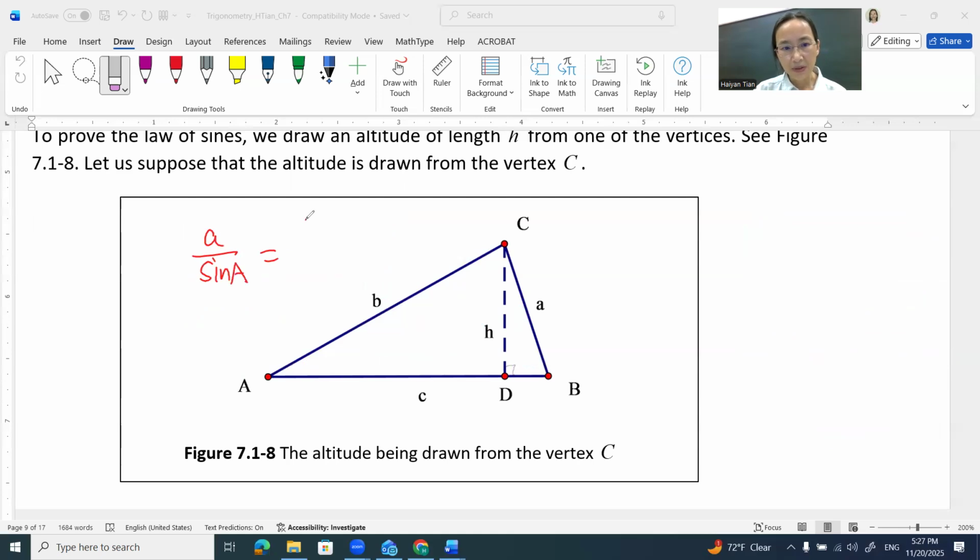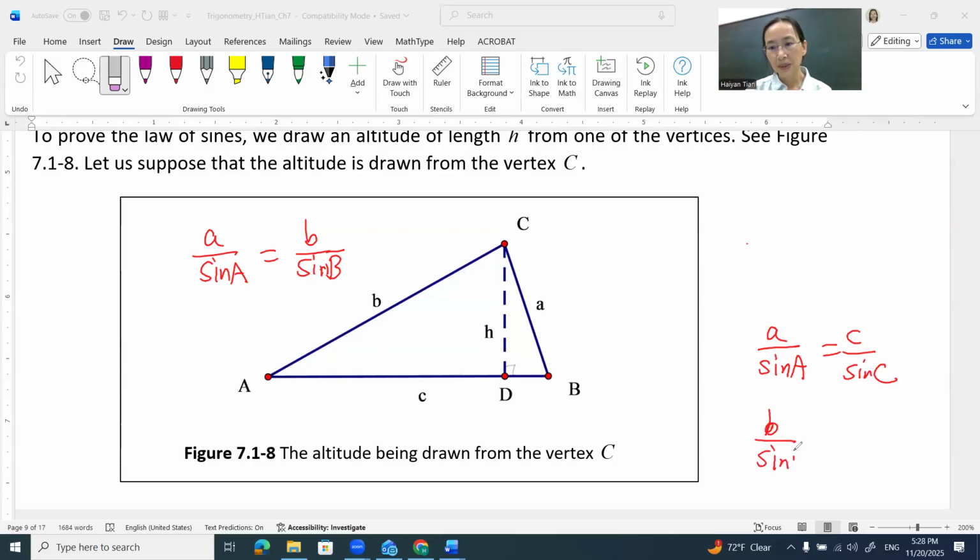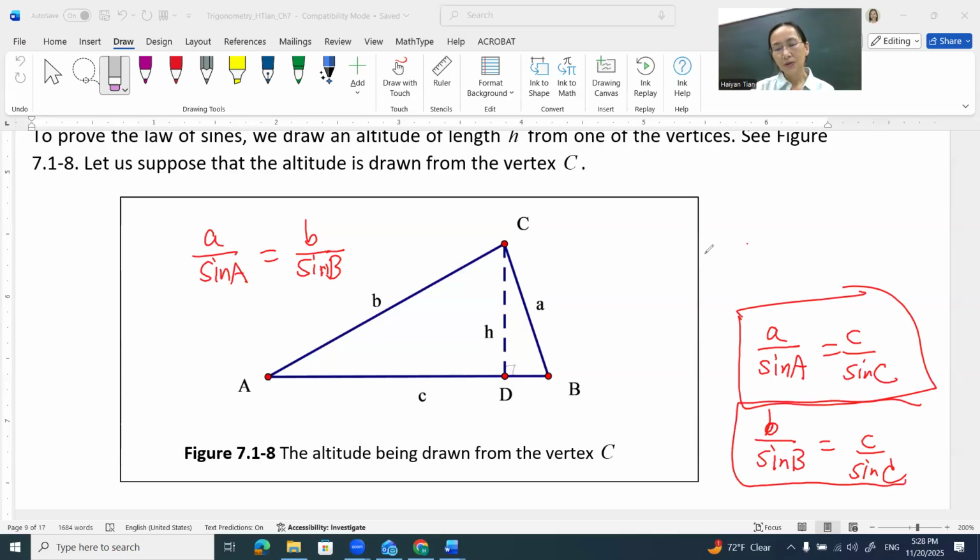a over sine A is b over sine capital B. Similarly, if you use another vertex and drop another height, you can get the other two equations, because you also want to show a over sine A equals c over sine C, and b over sine B equals c over sine capital C. So the other two equations of the law of sines will be derived very similarly.